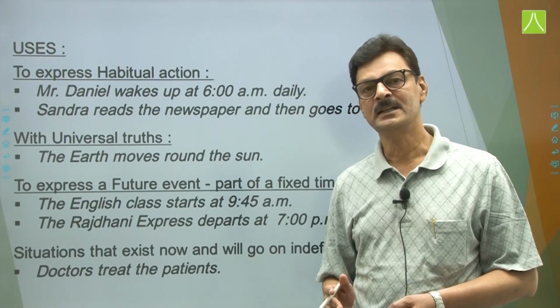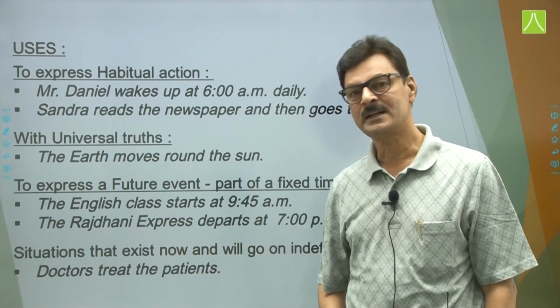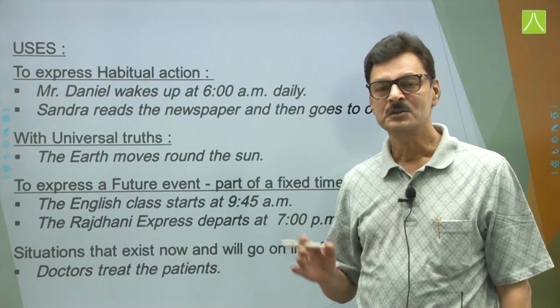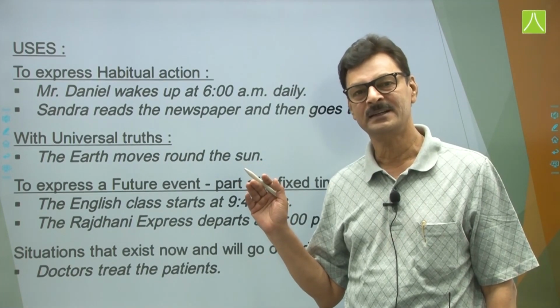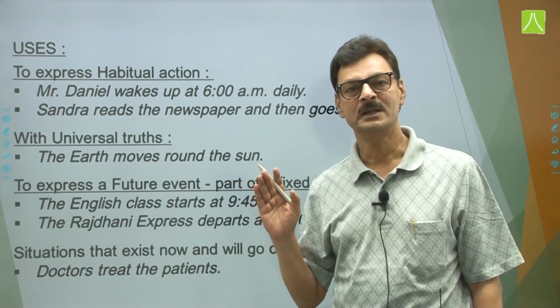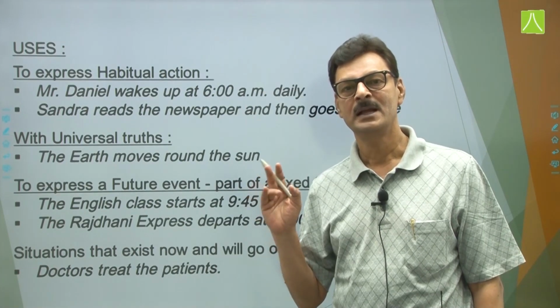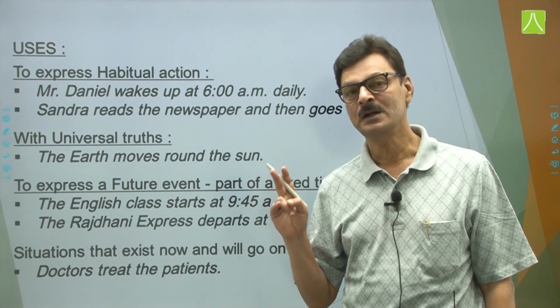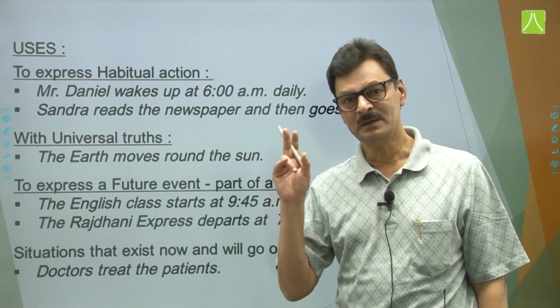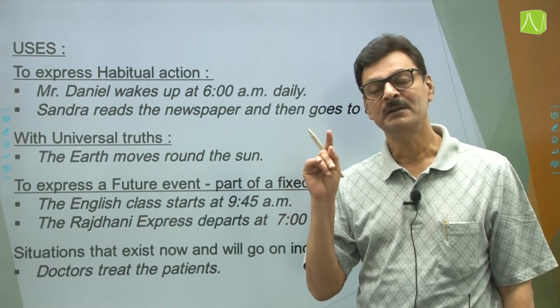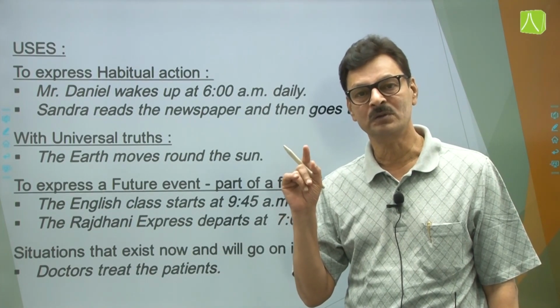So these are some of the uses of present simple or present indefinite tenses. I hope the things are very clear now. And the helping verbs in this क्या होते हैं दोस्तों? Do and does. And please remember where to use V1 and where to use the S or ES form of the verb.